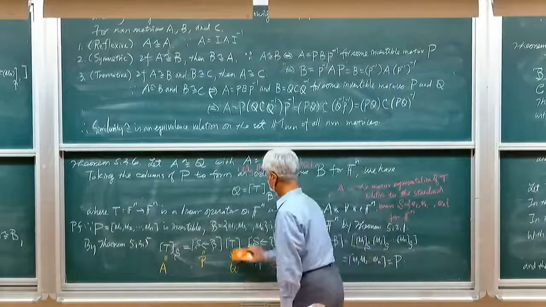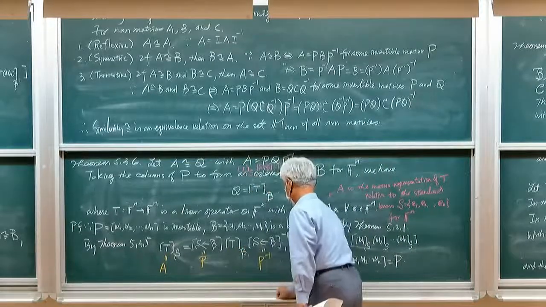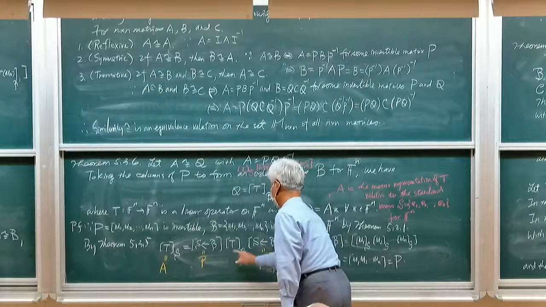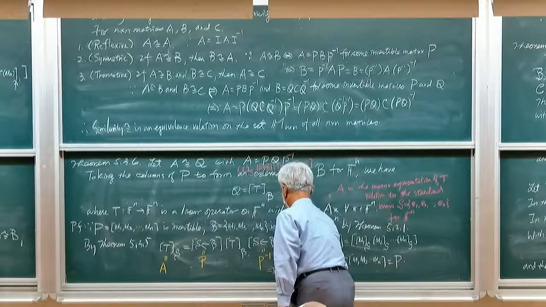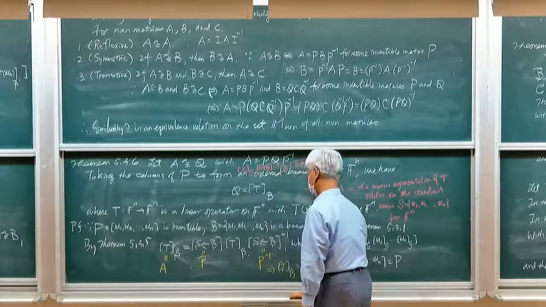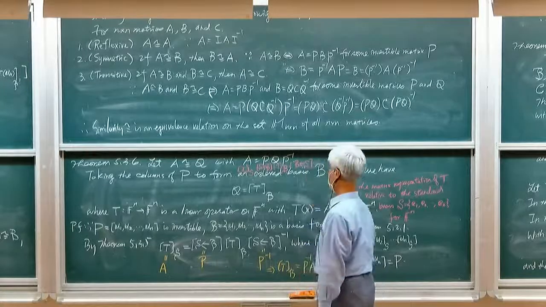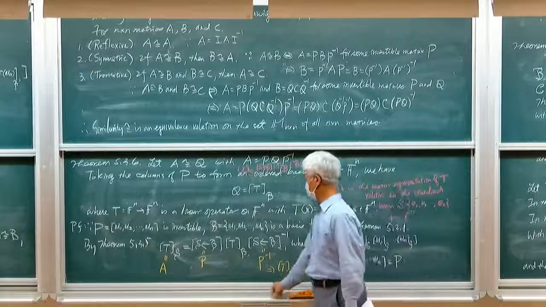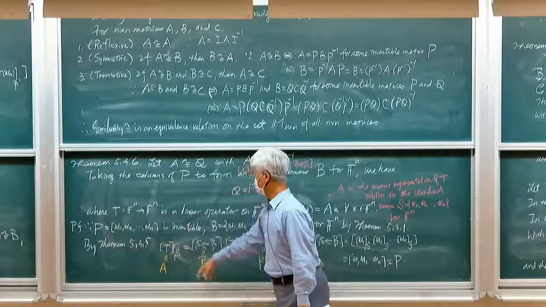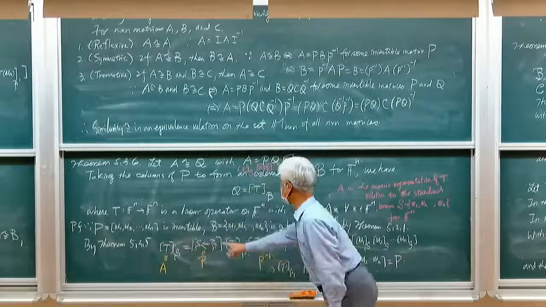So this says that T_B is P inverse A P, because you multiply P inverse here and P here, you can cancel them.